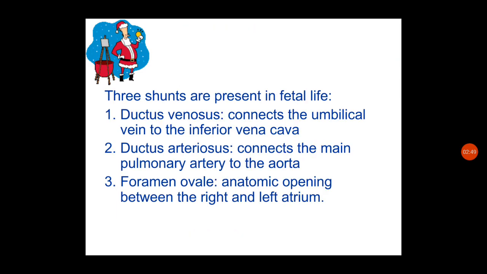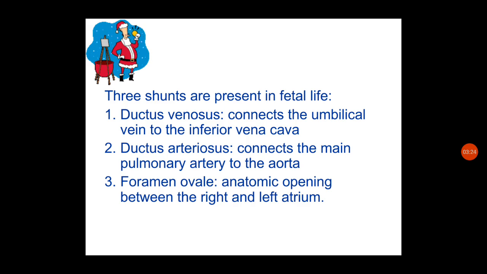Now we can see what is the action of these three shunts in fetal life. The ductus venosus connects the umbilical vein to the inferior vena cava; we will discuss it in detail in the next slides. The second one is the ductus arteriosus, which connects the main pulmonary artery, or pulmonary trunk, to the aorta.